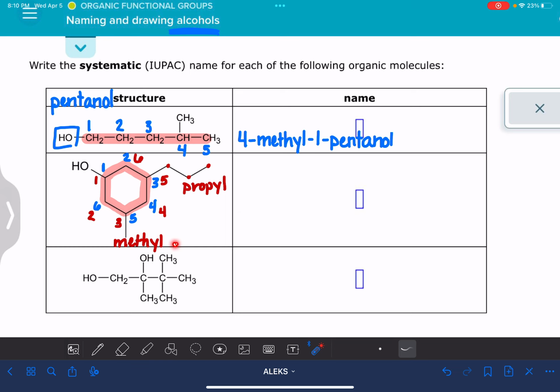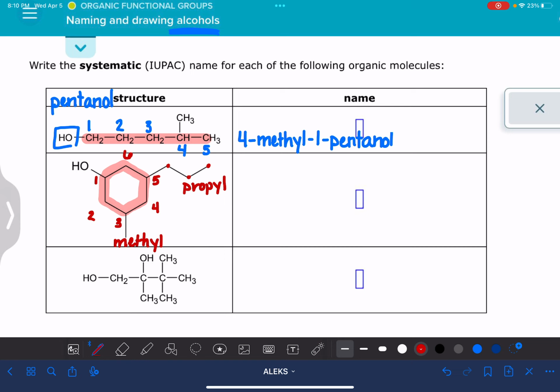Because of that, we're going to give methyl the smaller number. So that means we want methyl to be on carbon number 3, and we're going to be using the numbering system that I drew in red. So in the case of a tie, which is what we experienced here, we're going to break the tie by going with the alphabetical order of the substituents' names.